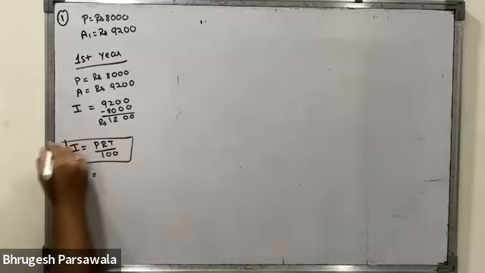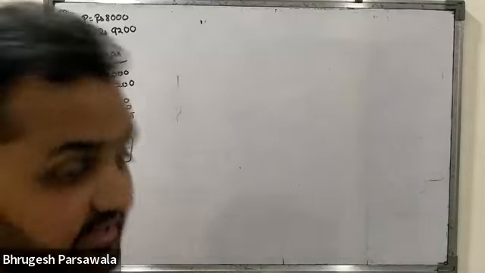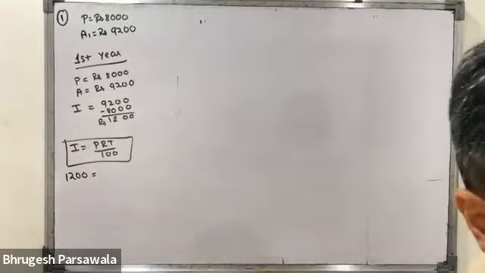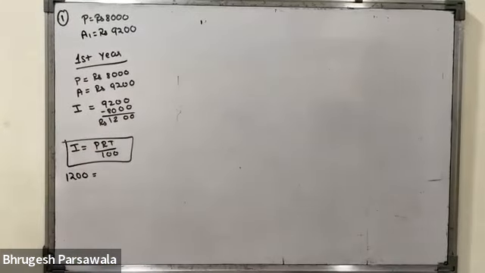Why am I using the simple interest formula? Is it correct to use it? Because CI and SI are the same for the first year, it doesn't matter to me whether I use CI or SI.